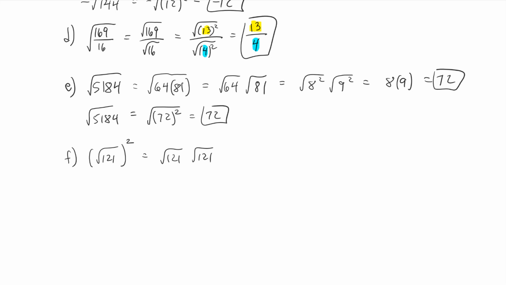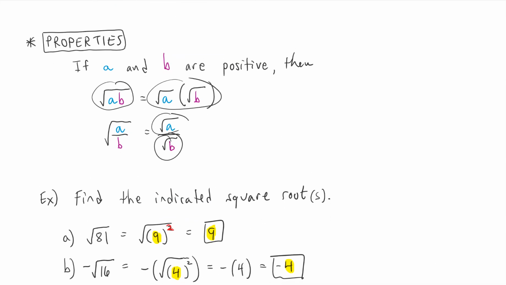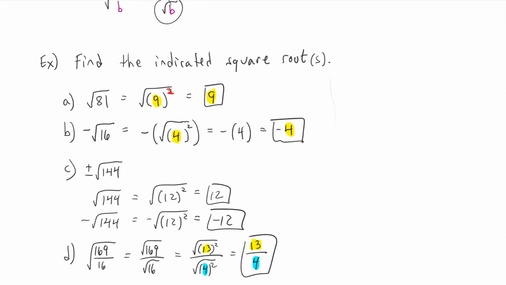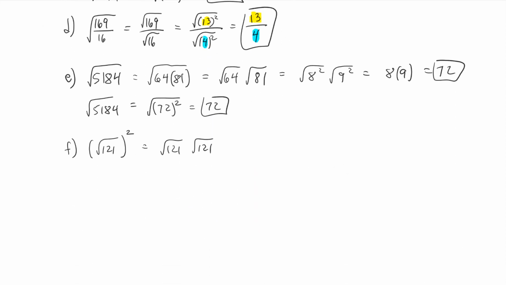So that's the principal square root of 121 times the principal square root of 121. Using our property, two square roots times each other, you can write as one square root. So I could write that like that, and 121 times 121 is 121 squared.